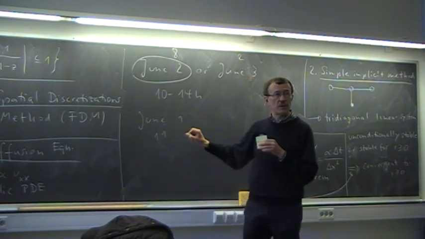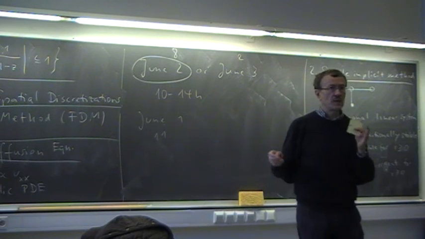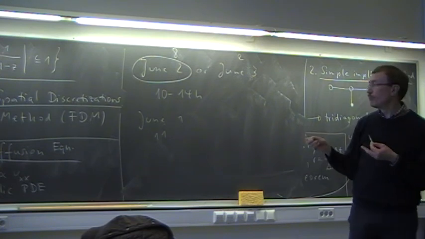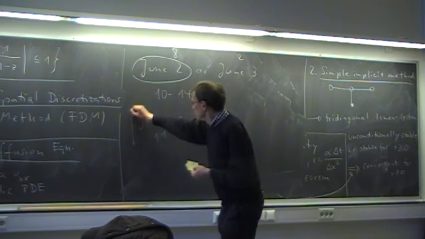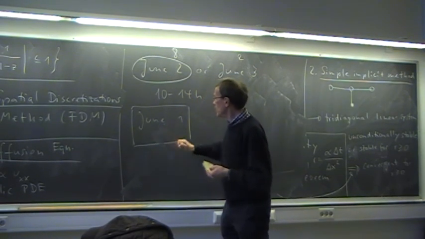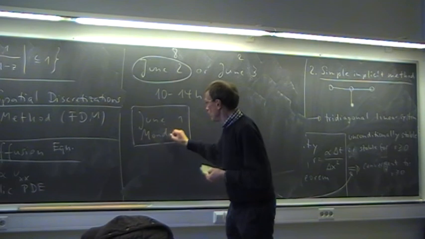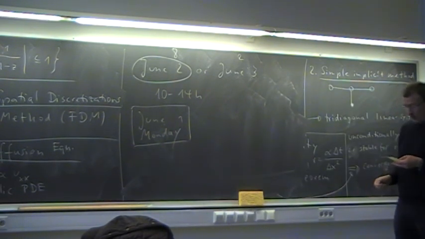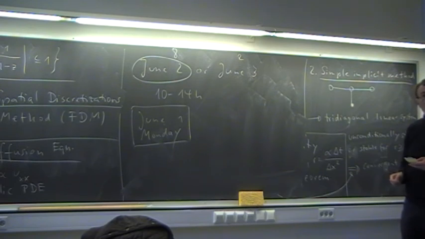Is that okay with the others? Or is there an objection? Do you have an exam on June 2, for example? Okay, so then we take that. Monday. Okay. So I'll make the announcement.